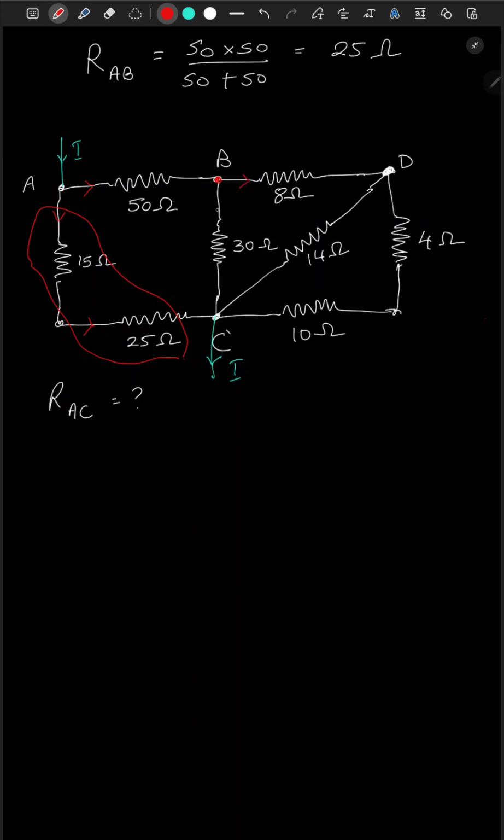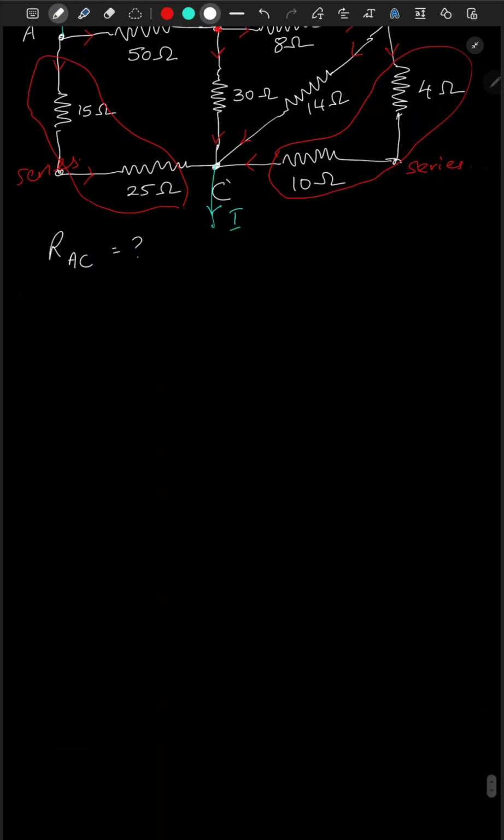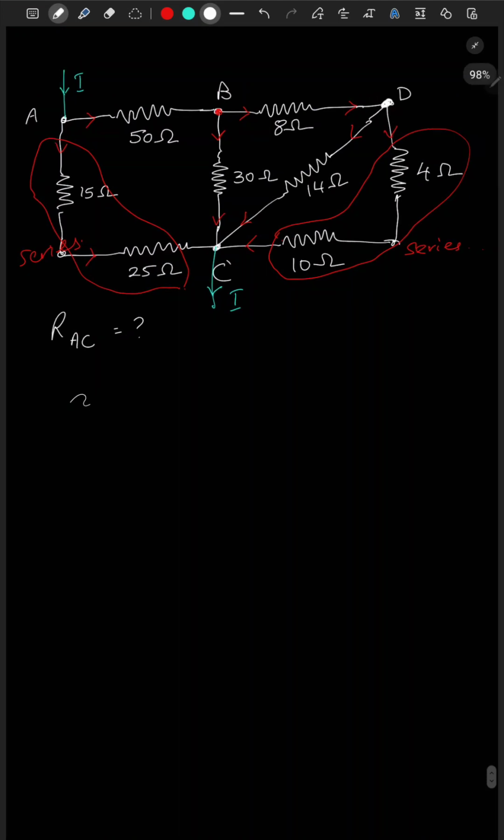and from B it will divide, and part of it will go to the 8 ohm resistor, and here again it will divide. So one current will flow across these two. So the same current will pass through these two resistors, meaning that these two are in series. Okay, so this one also is in series, and the current will leave again at C. So let's simplify this circuit.